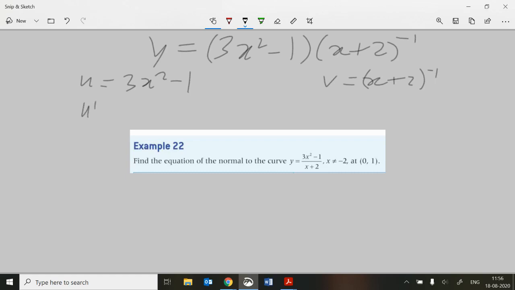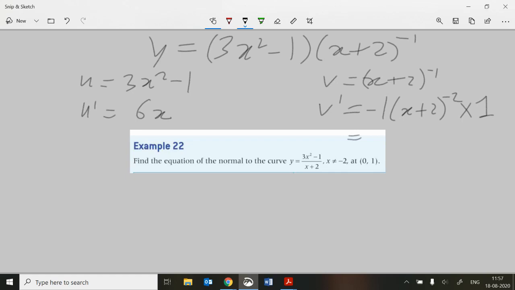Now we've got u dash is equal to 6x, and we've got v dash is equal to, now hopefully you've had enough practice with the chain rule now to realize that you can do this quite quickly. We're going to say let's times by the minus 1, let's reduce power by 1, and let's times by the derivative of what's inside, which is 1.